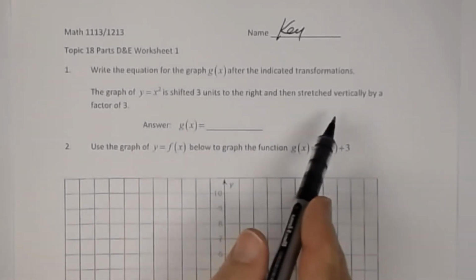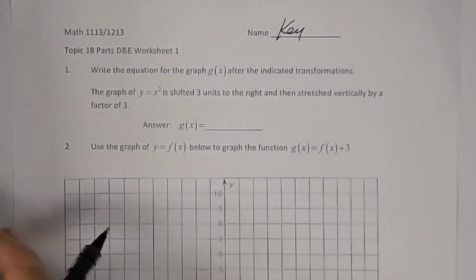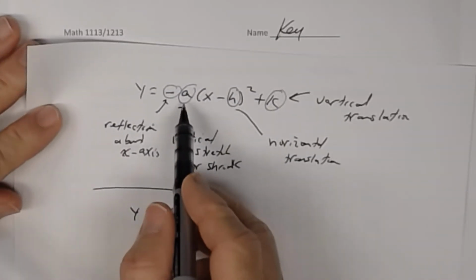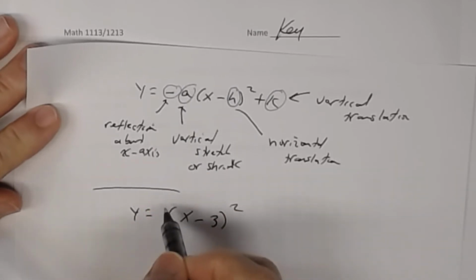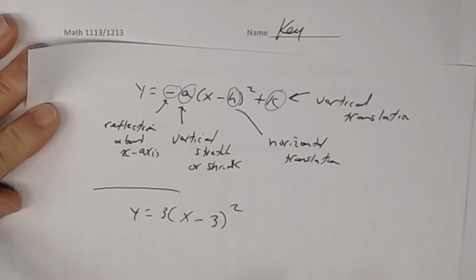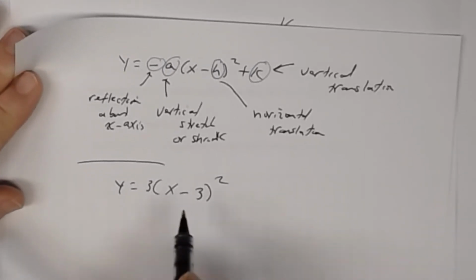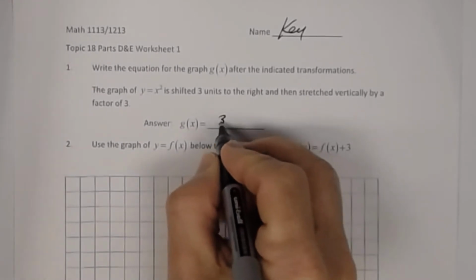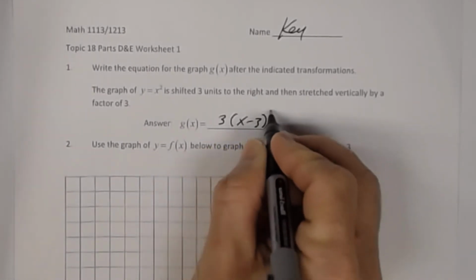I guess I shouldn't have used both 3's here, but it is what it is. The stretching is this number here, so that goes on the outside, and that's the answer. That would be your function g of x: 3 times x minus 3 squared.